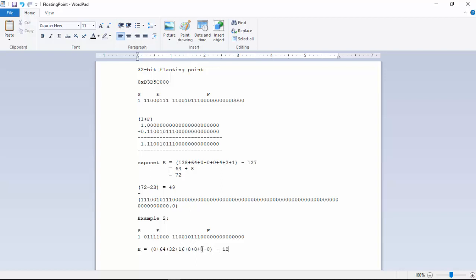Minus 127, which is 16 plus 8, which is 24, plus 32 plus 64, which is about 120, minus 127, which is minus 7, right?